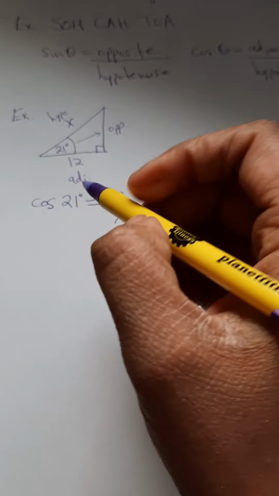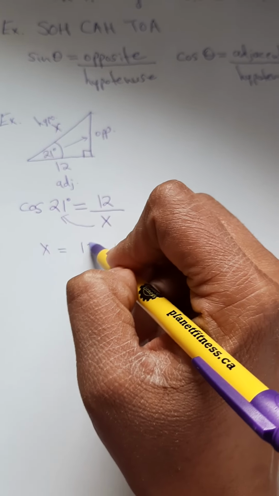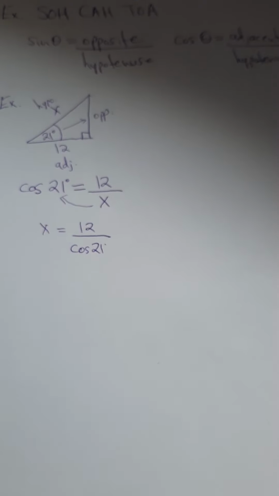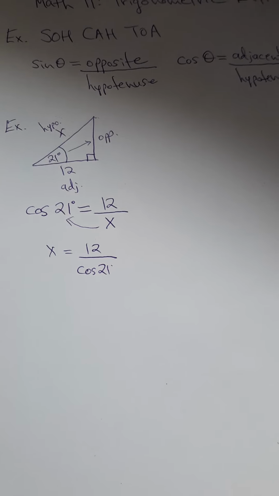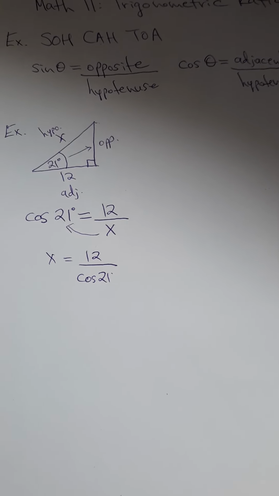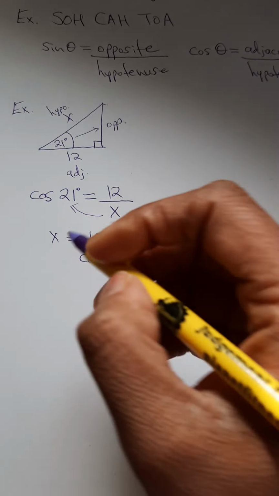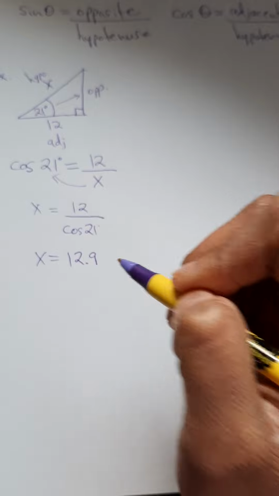So what I'm going to do is take the x to the other side. So x equals 12 divided by cos of 21 degrees. Does everyone see that? And we're going to just put that into our calculator. Make sure your calculator is in the degrees mode. So x is equal to 12.9.